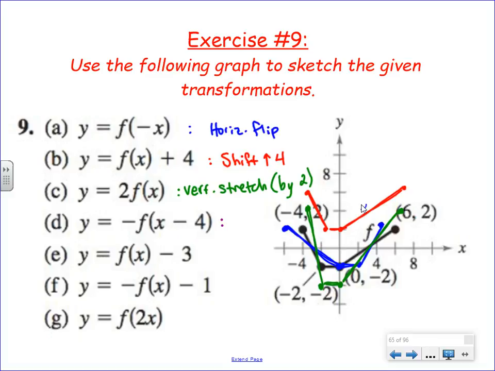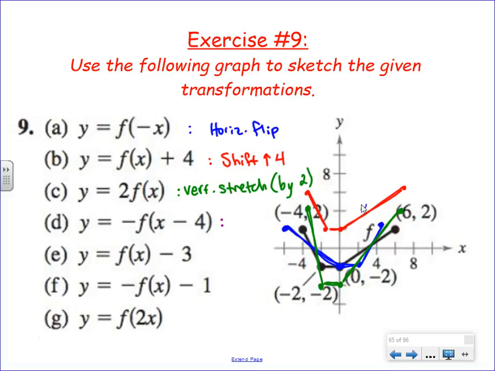Now, question. To be honest, order does matter, but technically not always. If I was to take this graph, shift it 4 to the right, and then flip, would that be the same thing as flipping it and shifting it 4 to the right? You don't need to stress, you can do whichever one you like.